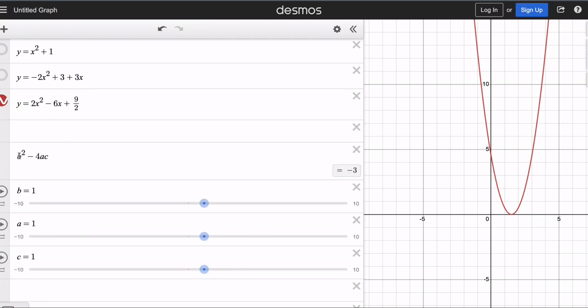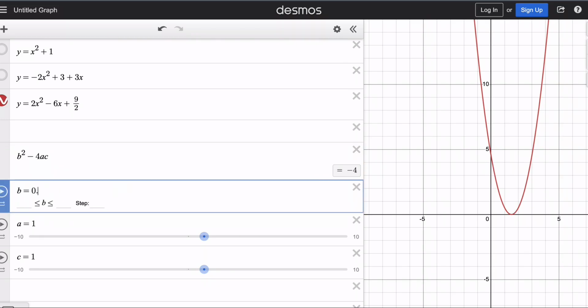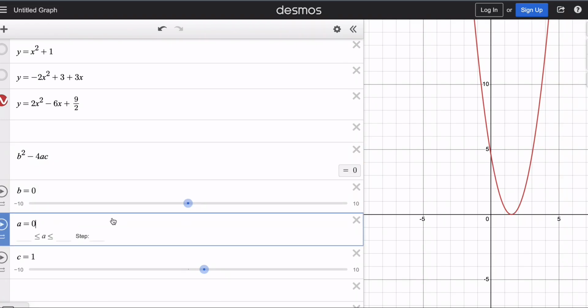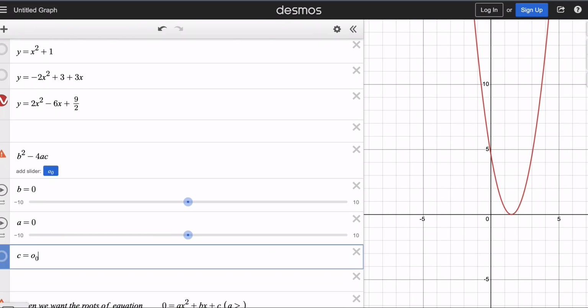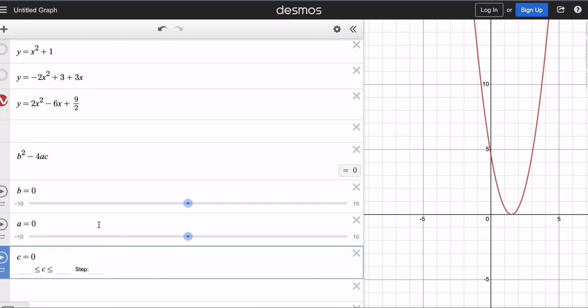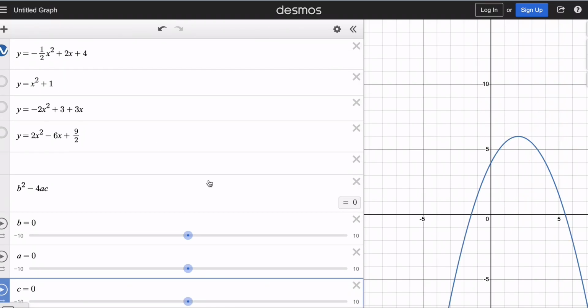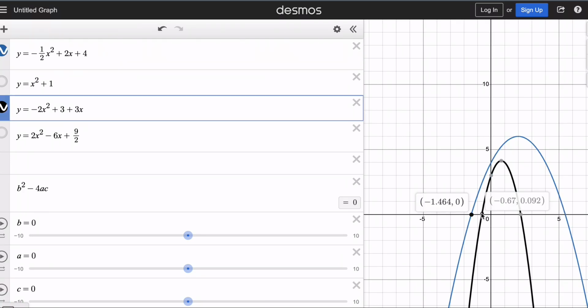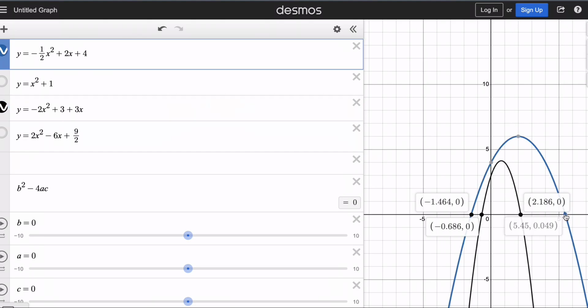Here you can get the b squared minus 4ac, right? We don't know none of them, right? But you can see here, this is the root, and these two are the functions, the equations that pass through the x-axis and have 2 roots.